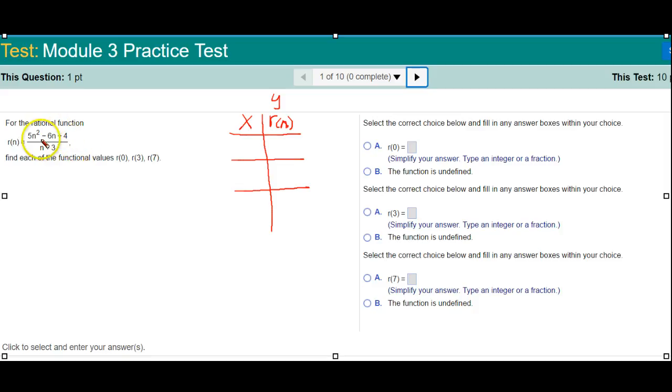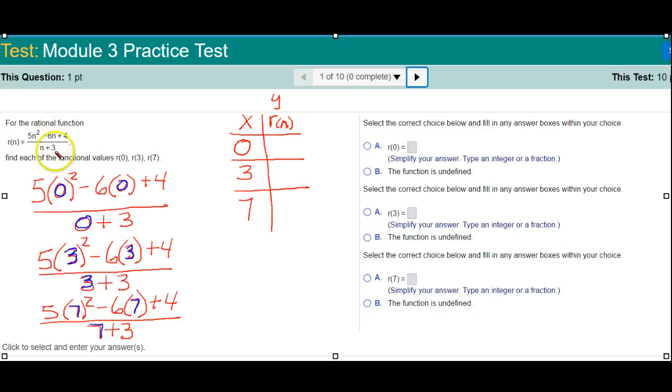So for something like this, again, a strategy similar to what we did in Module 2. We want to find values when n is 0, 3, and 7. So what we do here for each of these is to substitute this in there and get our different values.